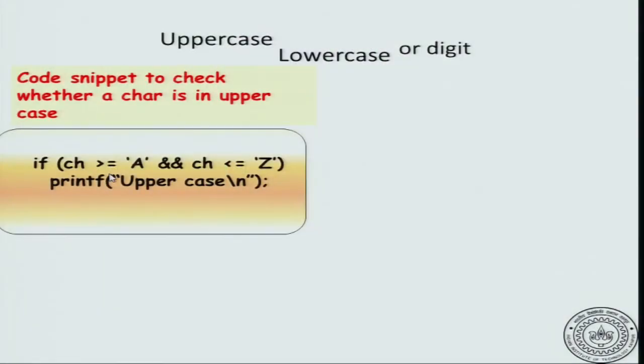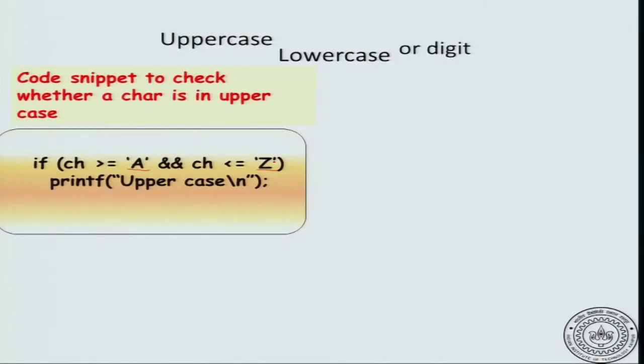So all I need to do is, if the character value is greater than or equal to the character constant A and less than or equal to the character constant Z, then you print that the given letter is in uppercase. Again, please remember that we did not need to know that this was 65 and this was, whatever it is, 90.